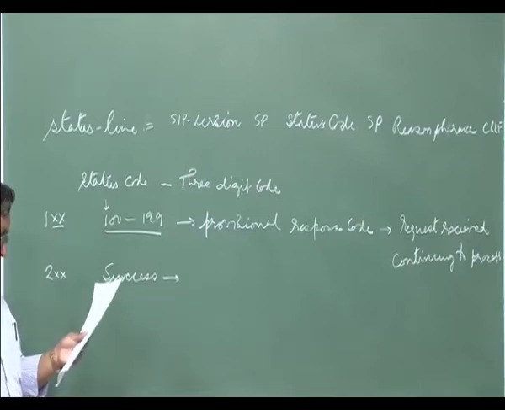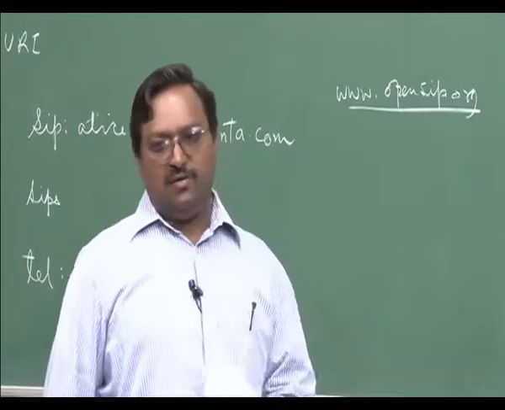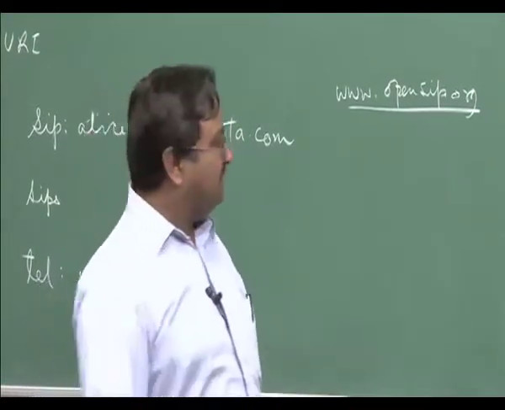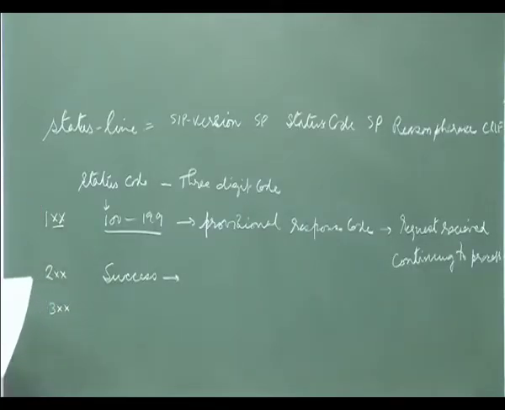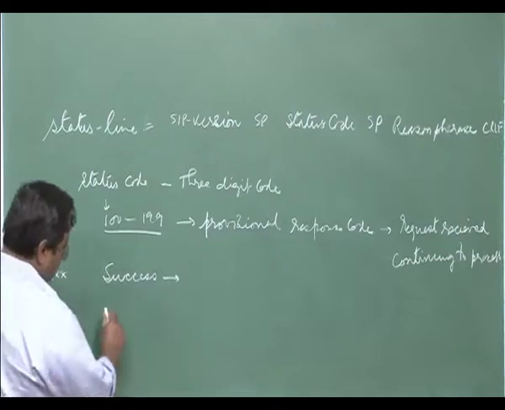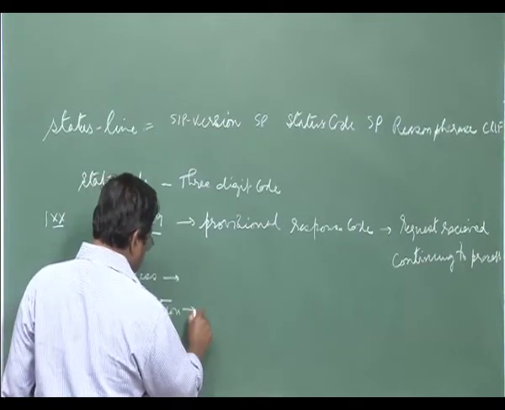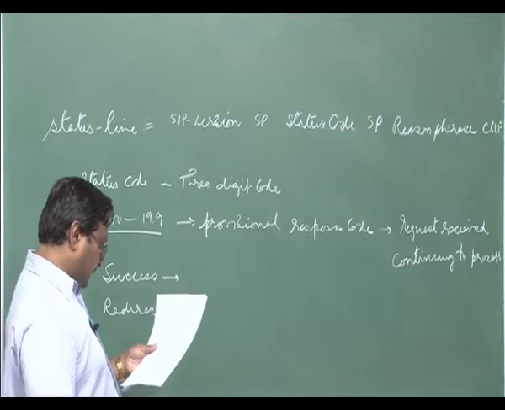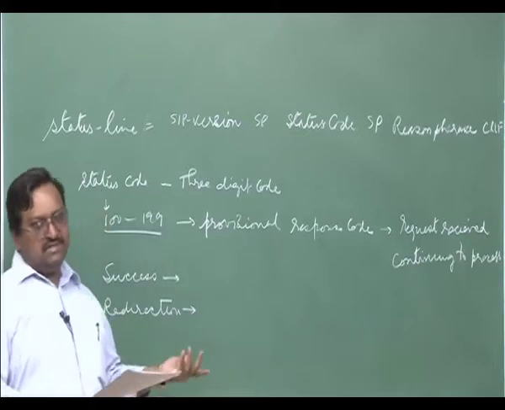The action, or method, has been successfully received, understood and accepted, that is what it means. 200 is OK, for example. There can be other variants also, but most of them signify success. Then you will have 3XX codes, usually for redirection. This says further action needs to be taken in order to complete the request.